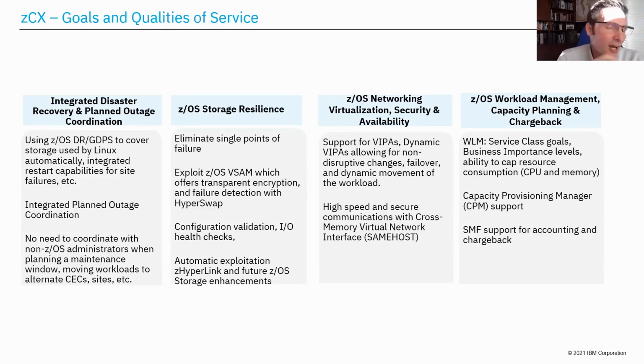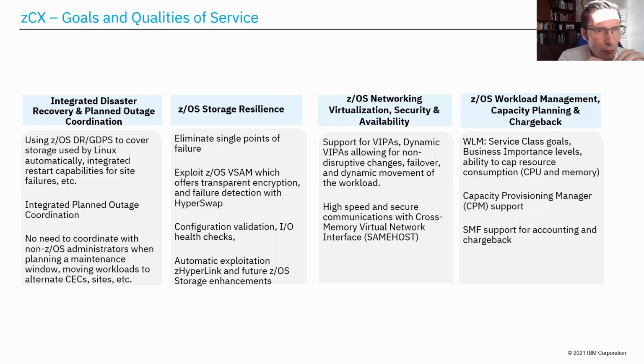When we go over to this third column and talk about network virtualization, well, we leverage technologies that are found in Communications Server, and that is dynamic virtual IP addresses. So each ZCX is going to have its own dynamic virtual IP address, but what's good about virtual IP addresses is that I have additional resiliency.